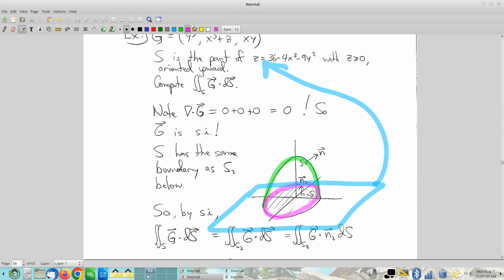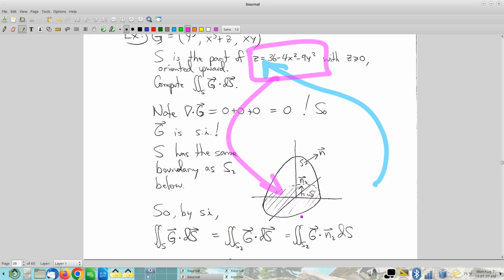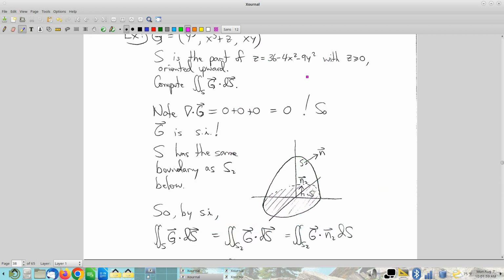So this turns into just an ellipse. Is that cool? Yeah. Now, once I have that that's an ellipse, then defining S2 is just a matter of saying, okay, well, let S2 be the part of the xy plane that's inside of that ellipse.